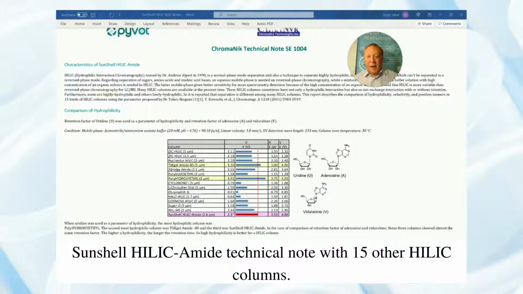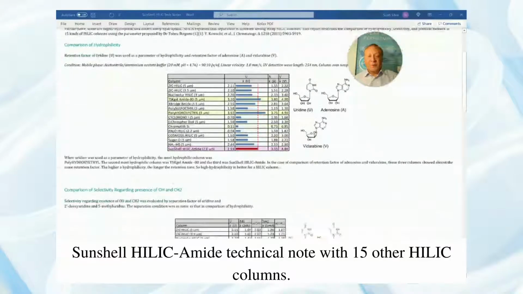It also highlights the retention factor, and the Sunshell column holds up quite well, along with the polyhydroxyethyl column and the TSK gel amide 80 column as well. So in essence, the higher the hydrophilicity, the longer the retention time. So high hydrophilicity is better for a HILIC column. Going to move down a bit here as well.